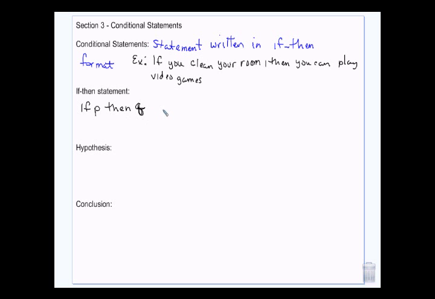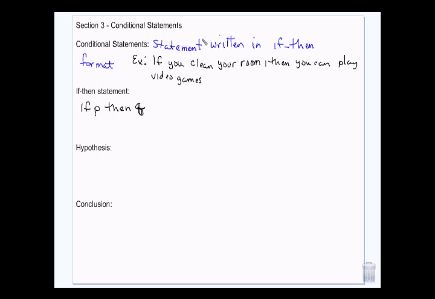So when we had a rectangle is a quadrilateral, a rectangle is convex, you could say if a rectangle is a quadrilateral, then it is convex, kind of thing. So it's another kind of compound sentence, but it's an if-then compound sentence instead of just an and or. It's conditional.